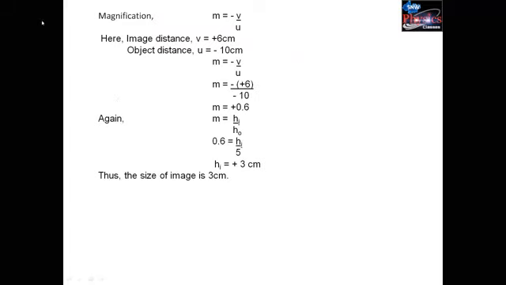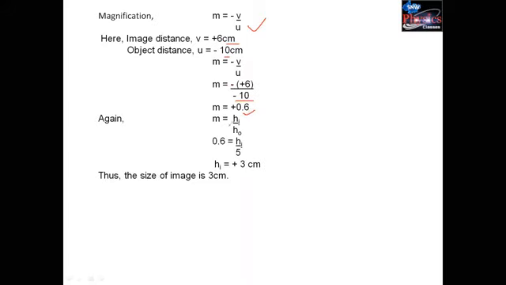So again we will use the formula of magnification. Using the magnification formula, we have to find m = -v/u, where v is +6 centimeter and u is -10 centimeter. Again, what happens here: minus into +6 divided by -10, that is, we get the magnification +0.6.